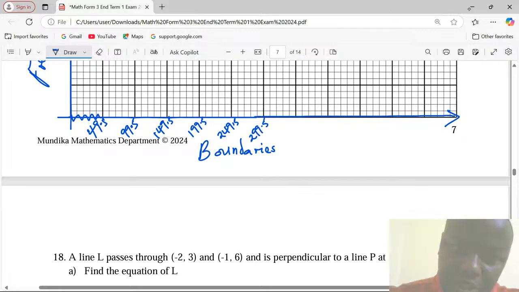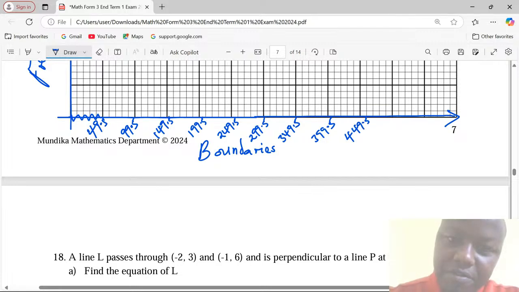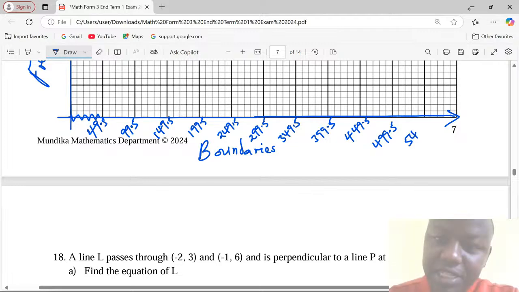Then I talk of 349.5, 399.5, 449.5. We go to 499.5, 549.5, and such. So I'm using intervals of 50.